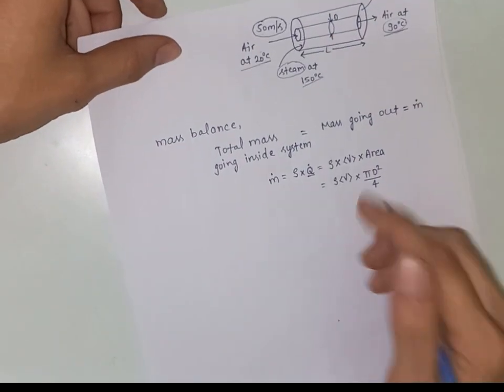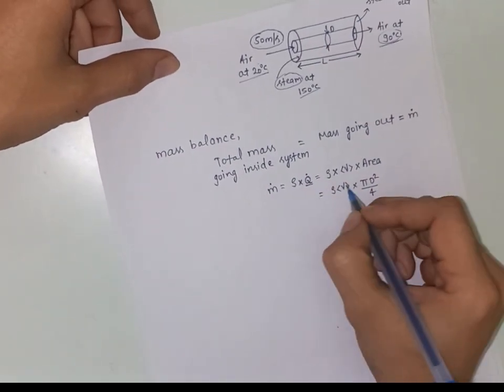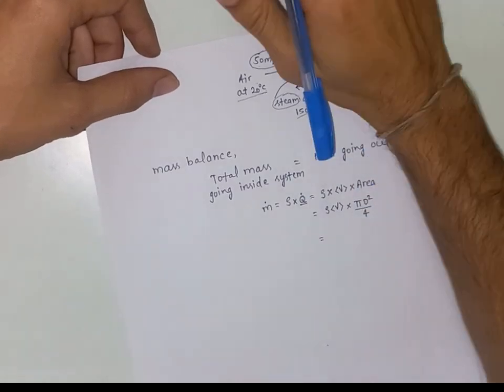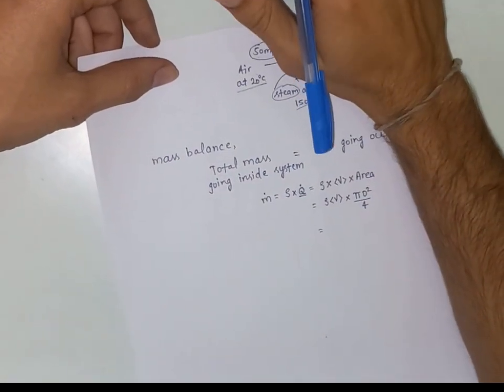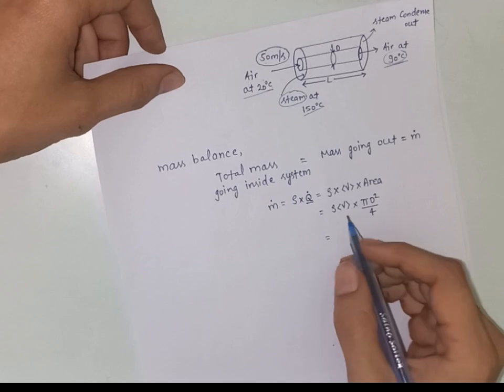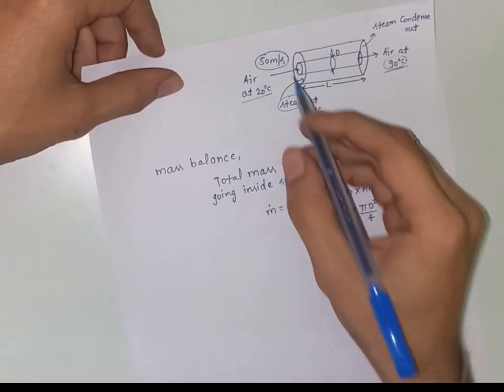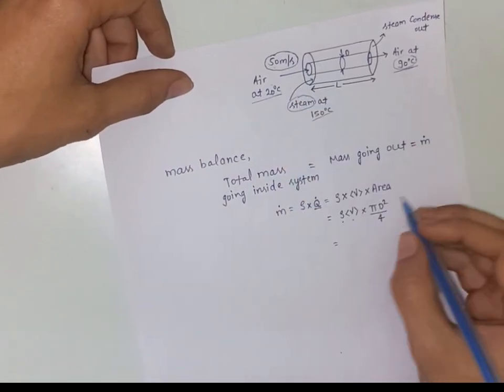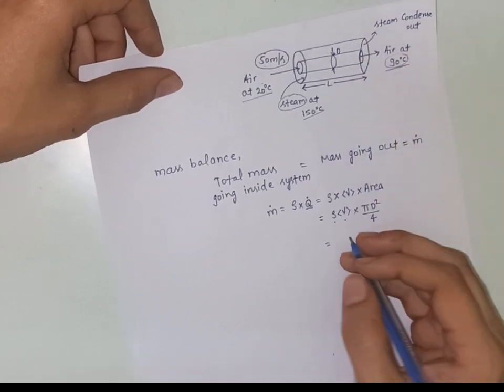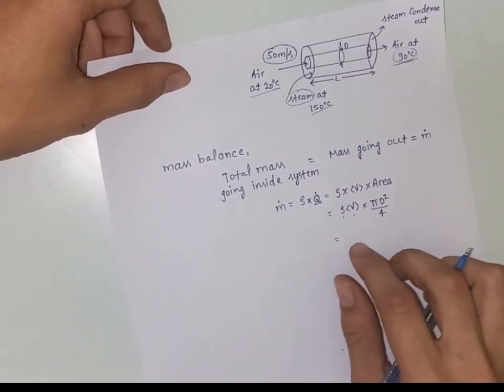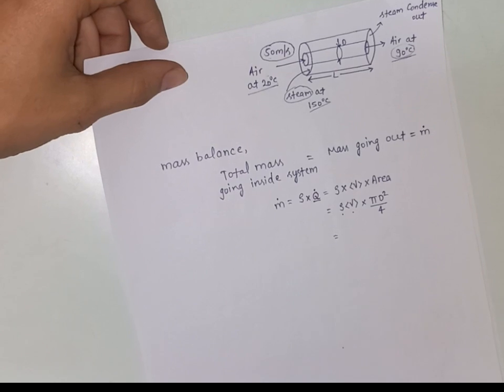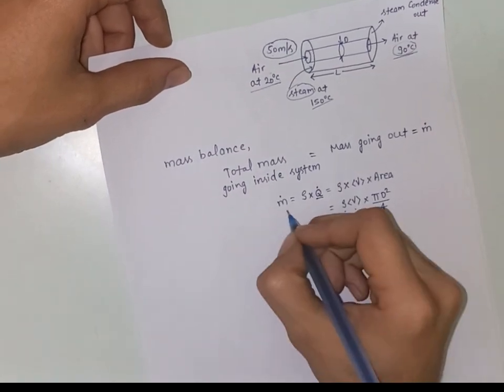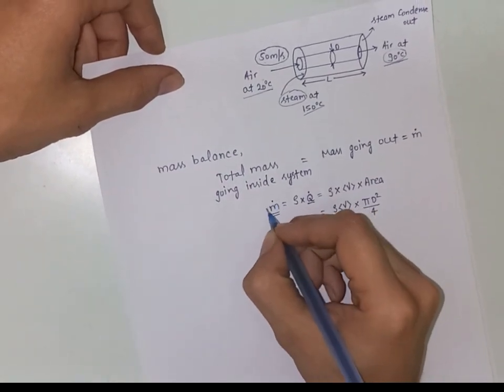So this is the definition of the mass flow rate. Now we are given the data: density is given at 20 degrees Celsius, velocity is 50 meter per second, and the diameter is also given. So now we find the value of all these constants and the mass flow rate.